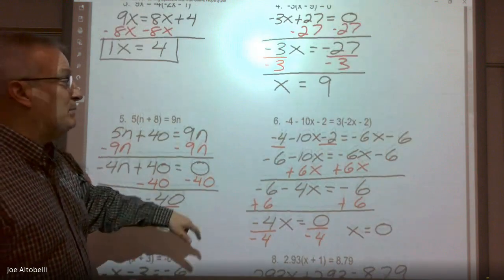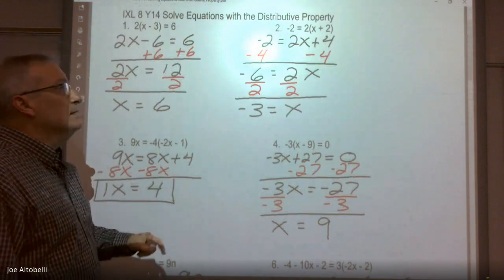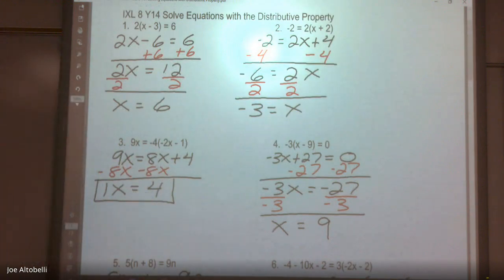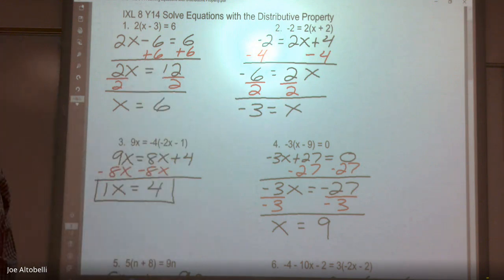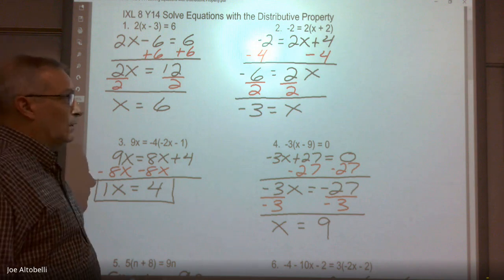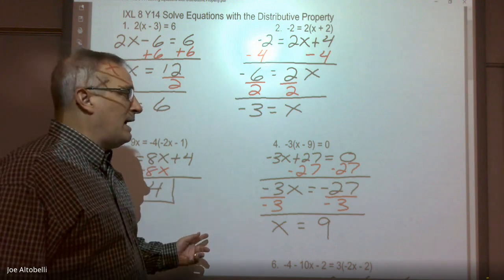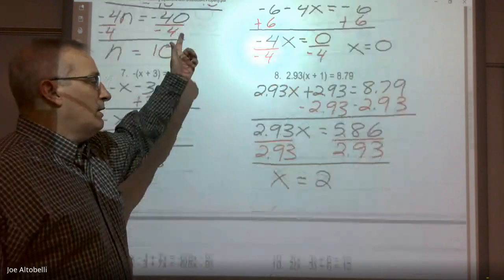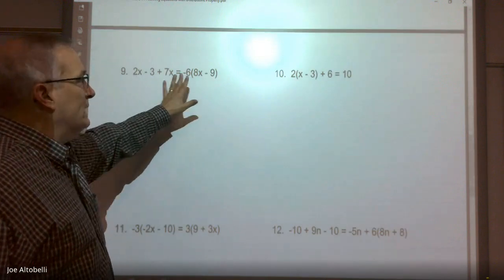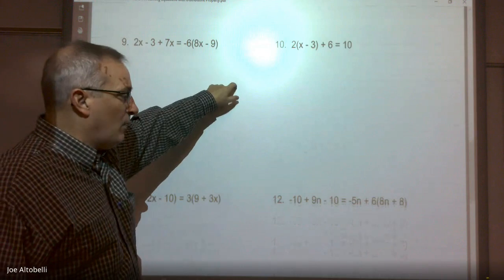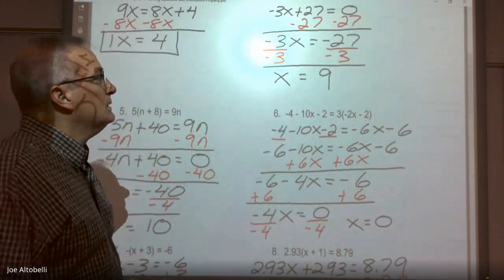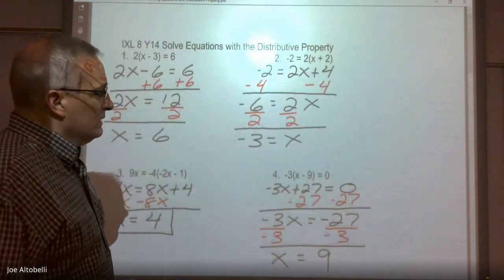This IXL, I believe everybody can finish it, so it's not going to be show 16 problems and you're done. You have to actually get a score of 85. Okay? So you're working on it for a score of 85, and remember, you'll have work time tomorrow to get through the rest of it, because we'll cover these four tomorrow. All right. Good.